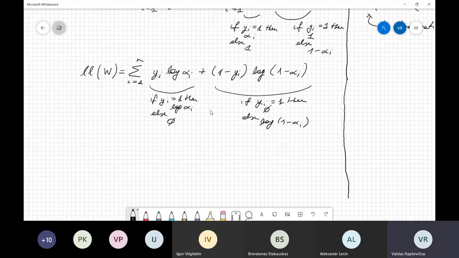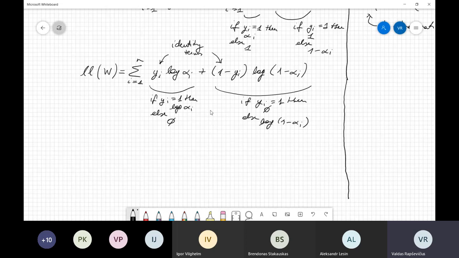Okay, so moving up. Now we have two things. These terms, yi and 1 minus yi, are actually the identity terms. They just tell us which part of the equation to take.